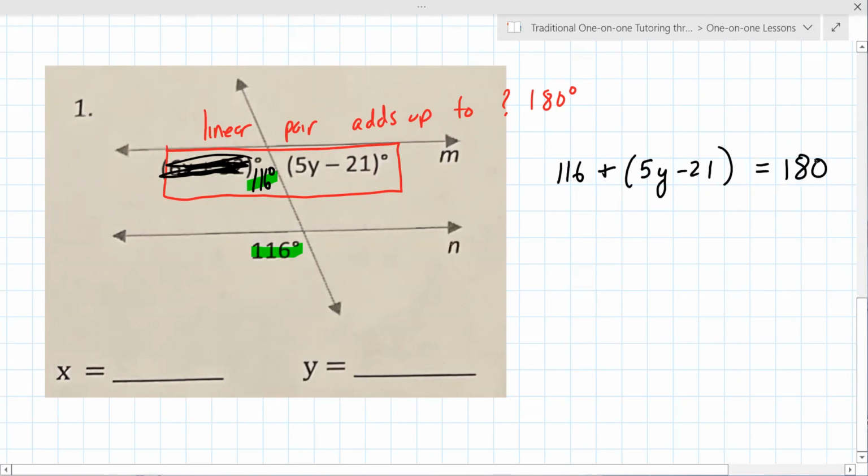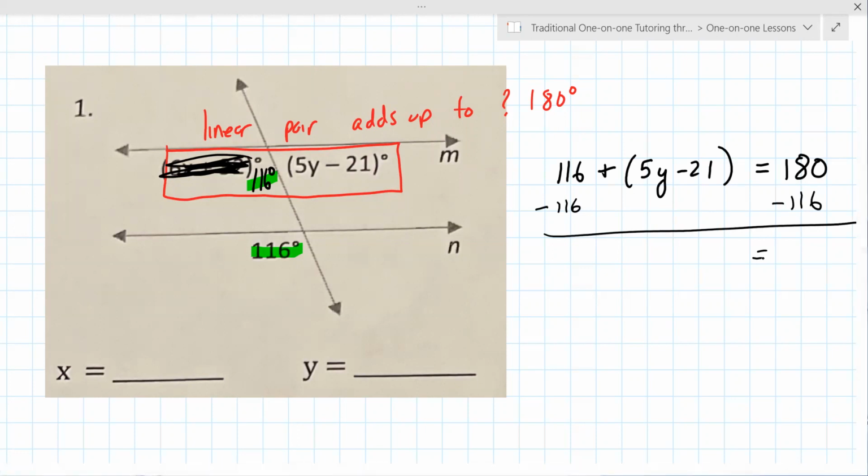Okay, now again, we're just solving this equation. This is something you learned how to do in your previous class. Let's first move the 116 over to the other side of the equation. I'd like you to subtract, please.